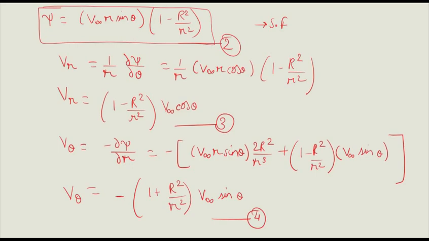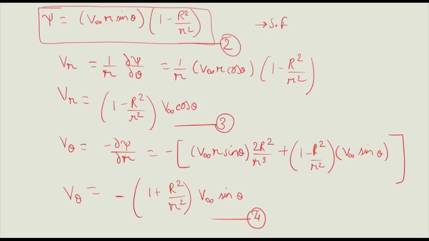Now what is the next task? To calculate the stagnation points. In order to calculate the stagnation points, we set these two equations, equation 3 and equation 4, to zero velocity, which is nothing but a stagnation point.